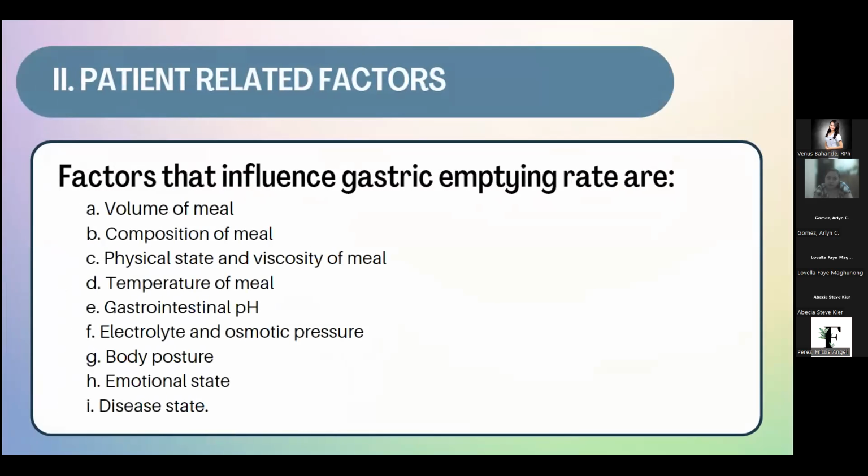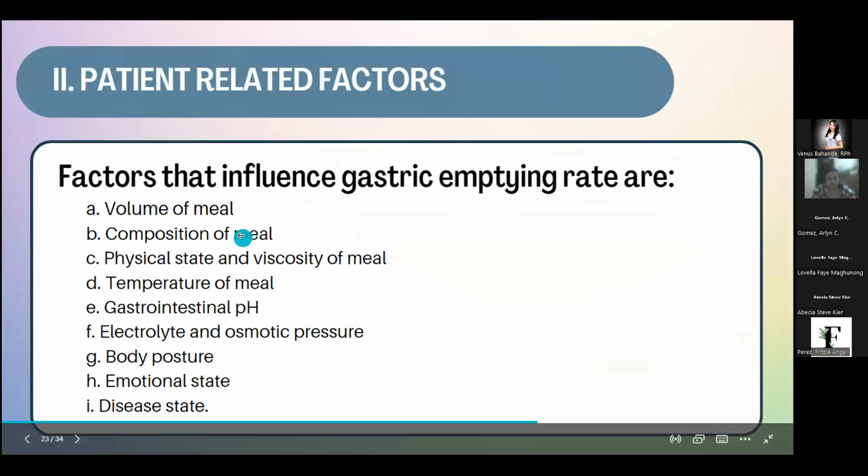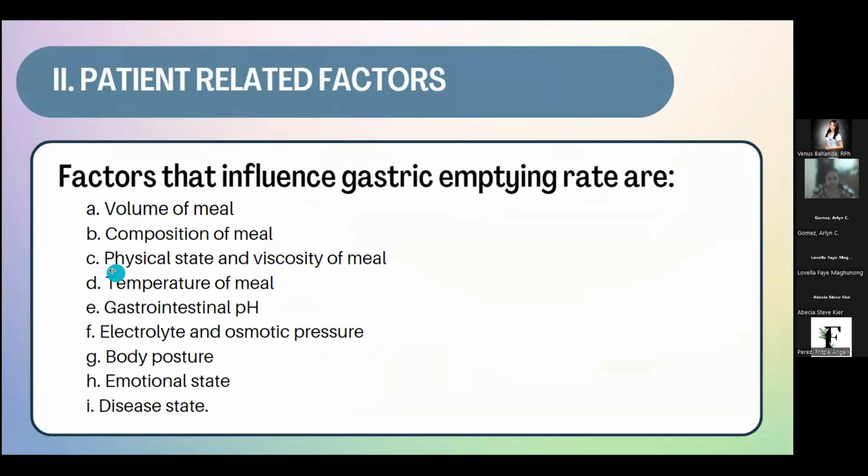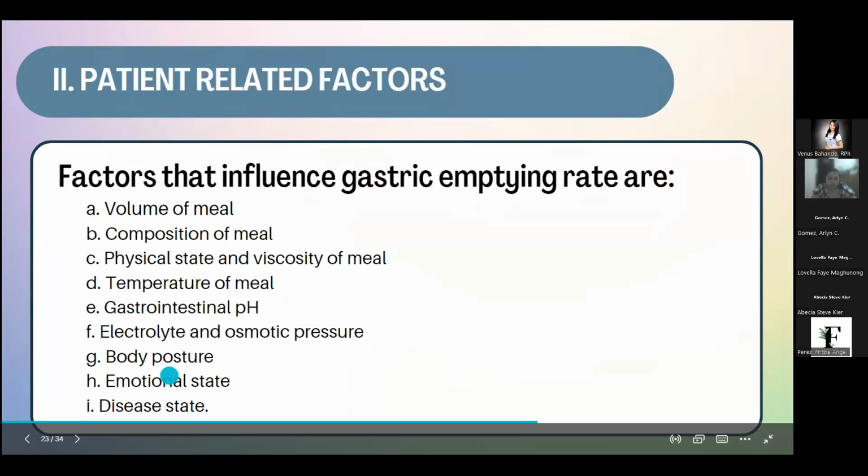Next, these are the factors that can influence gastric emptying rate: the volume of the meal, composition, the physical state and viscosity of the meal, the temperature, gastrointestinal pH, electrolyte and osmotic pressure, body posture, emotional state, and disease state.